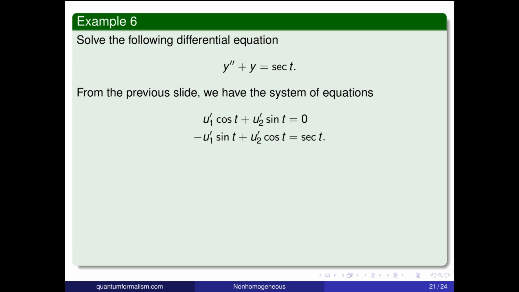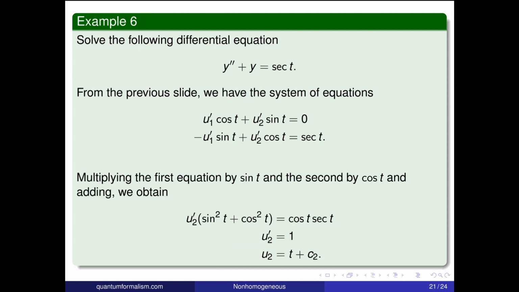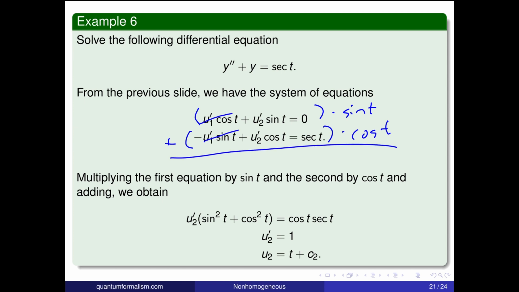So if we want to do that, we can multiply this one by sine t, multiply this one by cosine t, and then add those together. Then these terms will cancel.